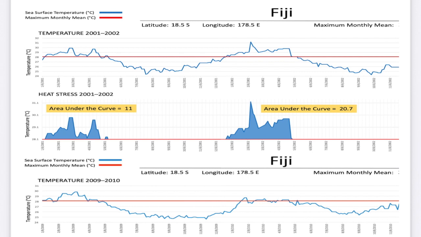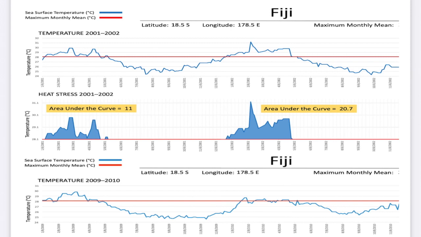I can't really mark on here, but they've measured the blue polygon shape looking things. That is the number of weeks that it was above the temperature.